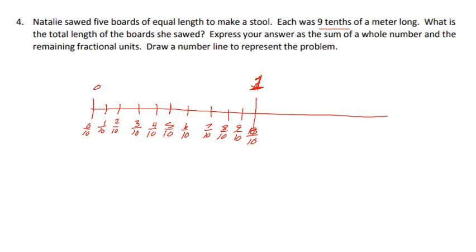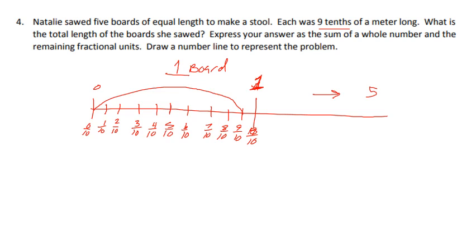Now it says she sawed 5 boards of equal length. Each was 9/10 of a meter long. Okay, so here I have 9/10. That's 1 board. So that means I would have to keep extending out here 5 more times. Okay.